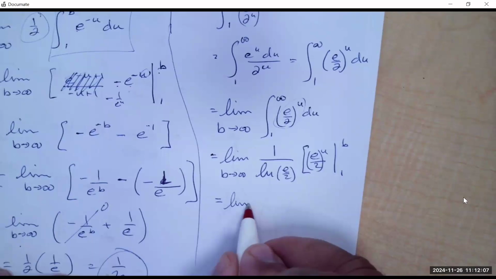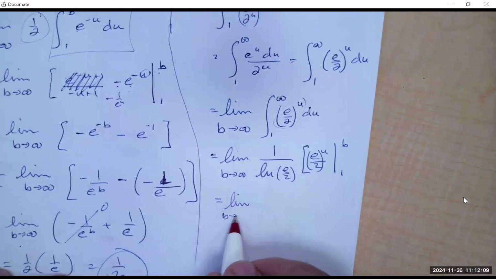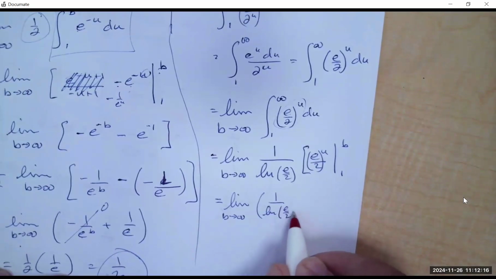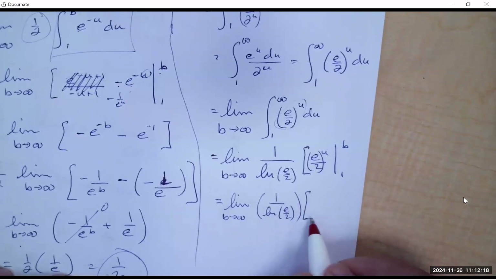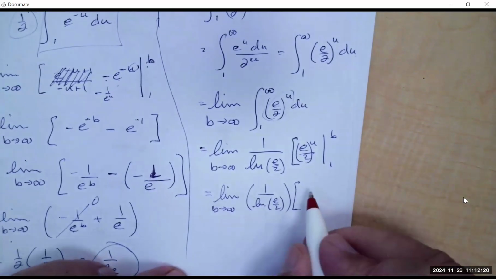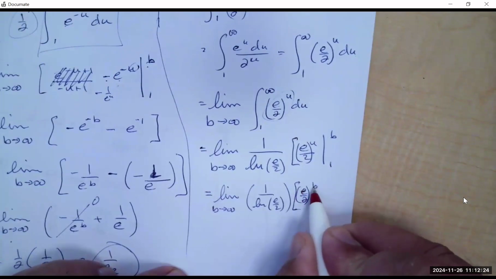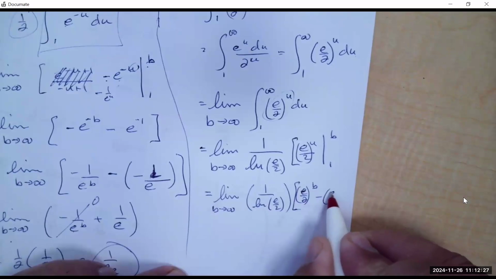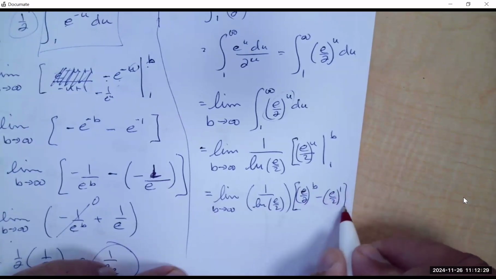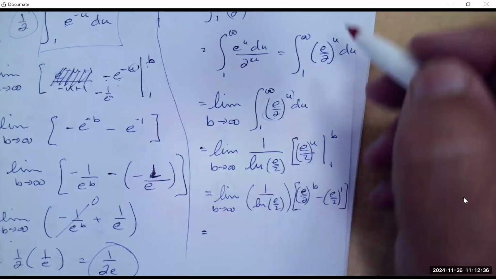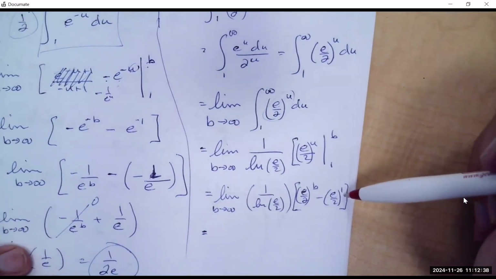The limit as b goes to infinity of 1 over ln(e over 2) times (e over 2)^b minus (e over 2)^1. That's going to be a problem.